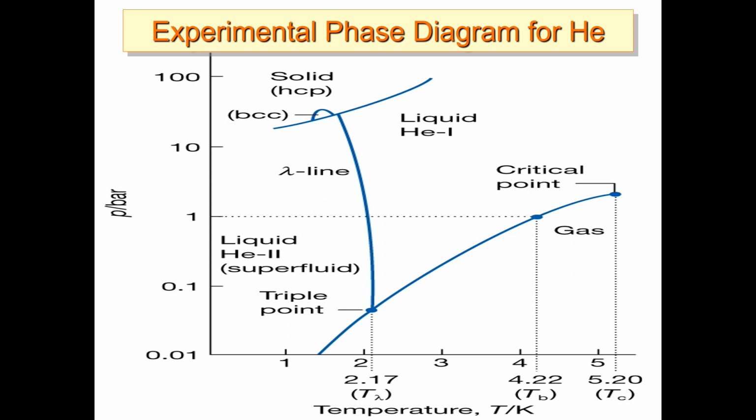In fact, this superfluid, liquid helium-2 superfluid, a superfluid is a liquid. It has a meniscus, but it doesn't have any surface tension. So there's no energetic penalty for forming new surface. Now this is bizarre because you're used to water, which has a high surface tension, and other liquids too, which have moderately high surface tension. So when you pour a liquid in a cup, it may wet the glass like water does, but then eventually it stops rising because of its weight and because of the energetic penalty for making surface.